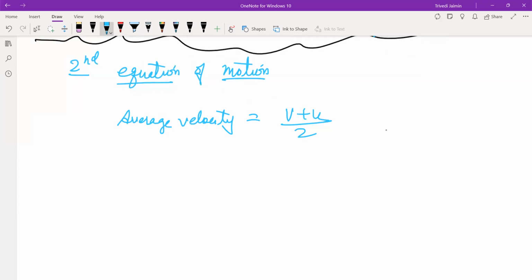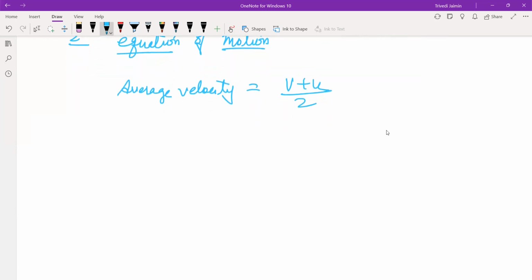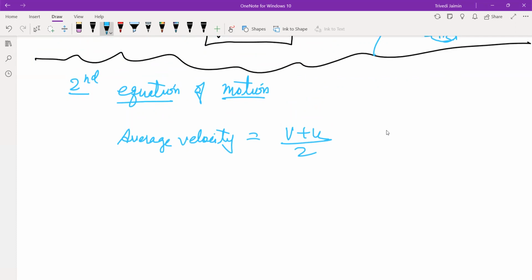Average means the sum of those two by 2, because we have only 2: initial plus final by 2. This is when the velocity is uniform. It is derived by the position and time relation.